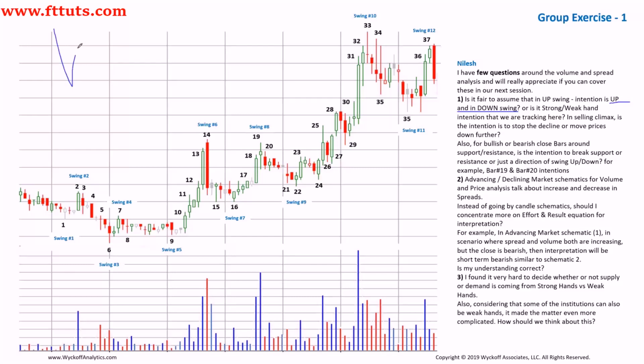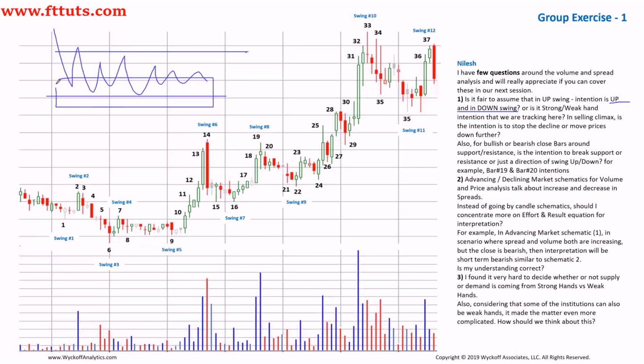We might be, let's say, in the accumulation range where the strong hands are picking everything up at the bottom and they are accumulating the stock at this point of time. And imagine that there is kind of like a timer at which they stop accumulating and they're saying we have a full position.